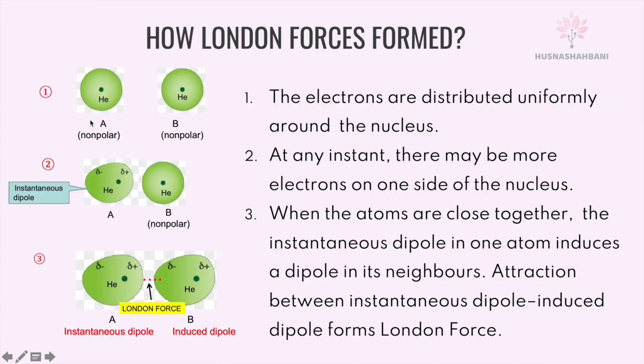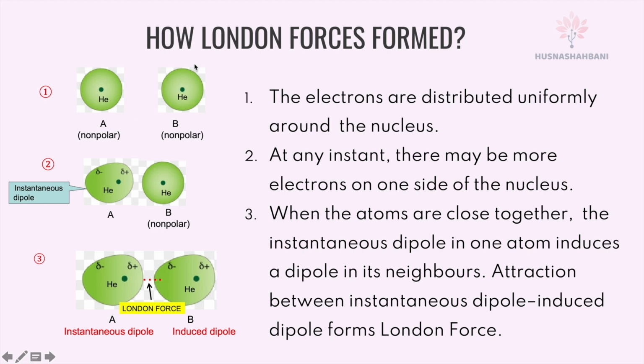This is an example between a non-polar atom and a non-polar atom. This He atom and He atom are non-polar. The electrons are distributed uniformly around the nucleus. That's the first process. No attraction yet.